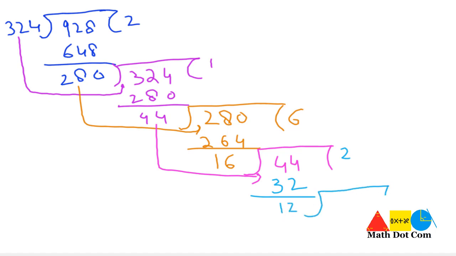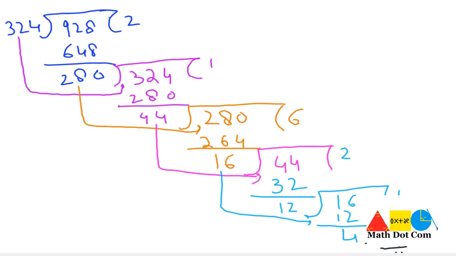Again bring this 16 here. 12 1s are 12, remainder 4. And finally 12 here, 4 3s are 12, gives 0.